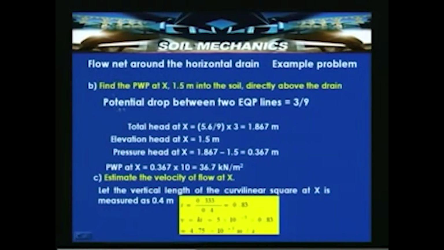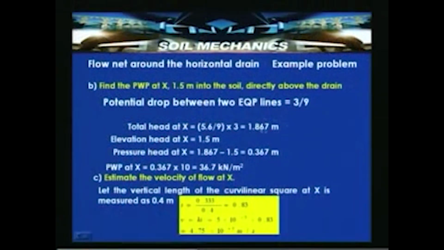So, the potential drop between two equipotential lines is around 3 by 9. N is the number of total potential drops and head loss is around 3. So, the potential drop between any two equipotential lines is 3 by 9.